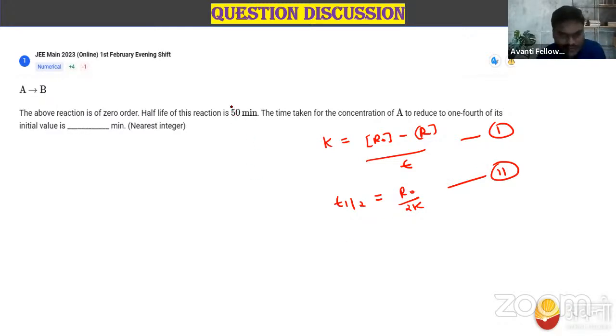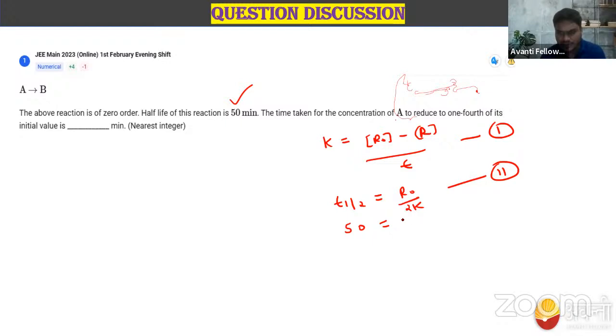So now the half-life of this reaction is 50 minutes. So if this is given 50 minutes, and the time taken for the concentration of A to reduce to 1/4 of its initial value. So if this is 50, can you calculate K from this?